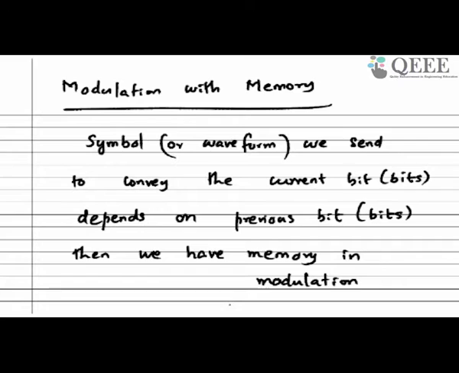What I am going to discuss now is called differential encoding techniques. I will explain the advantage in more detail when I talk about how the receiver will work for this particular technique.